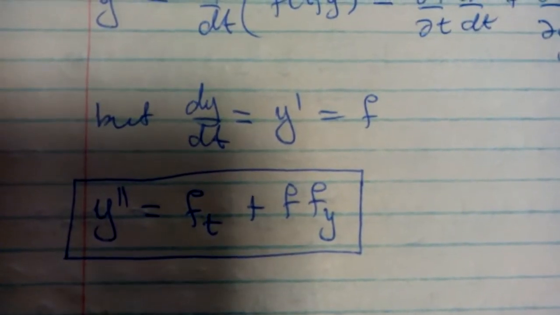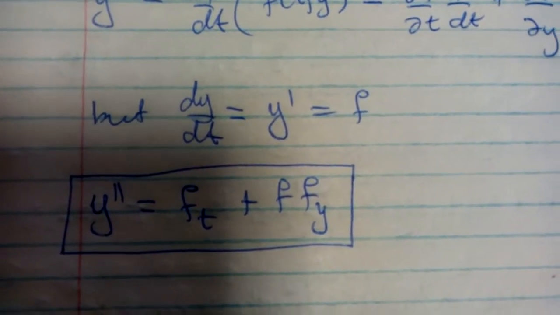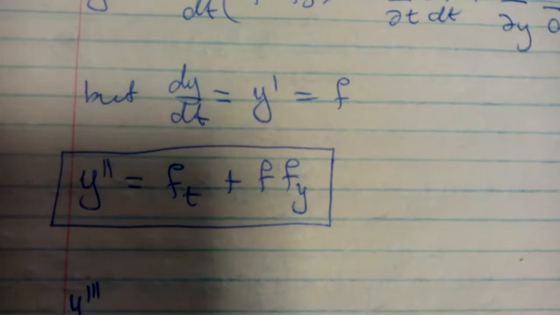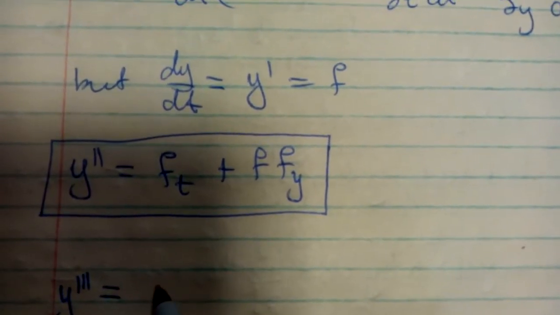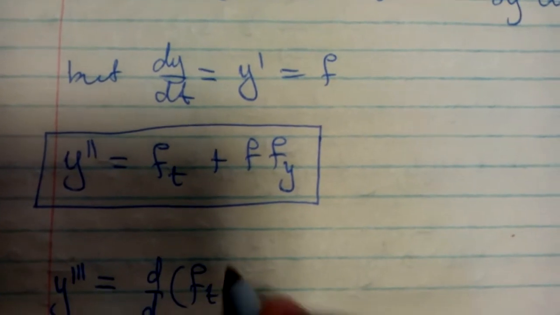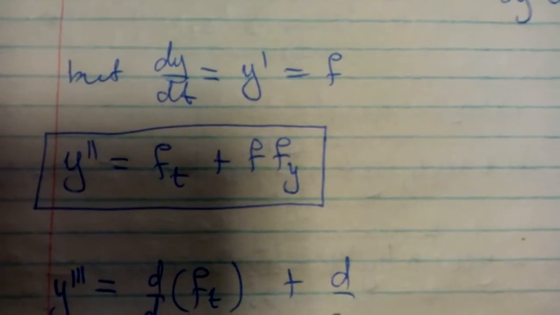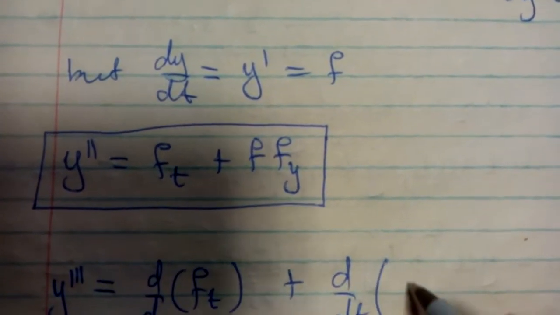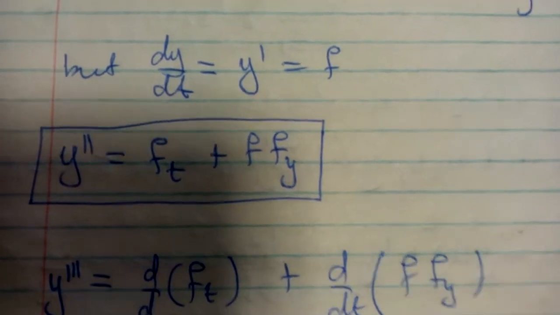Similarly, my y triple prime will be equal to d/dt of f_t plus d/dt of f f_y.